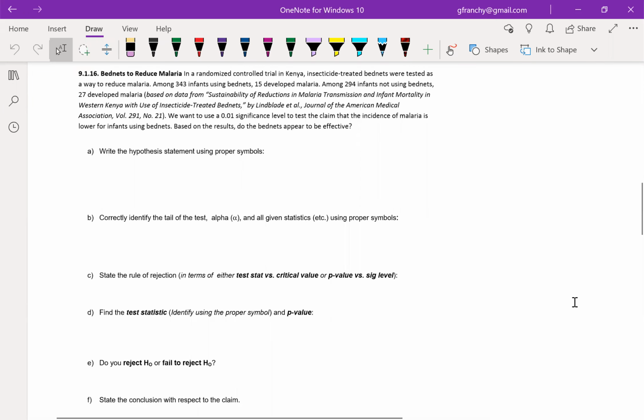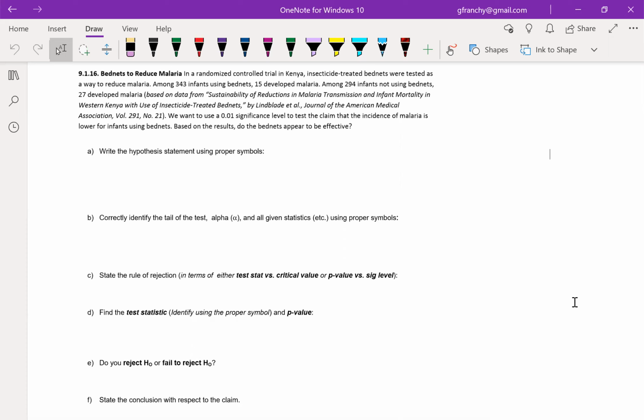Okay, we're taking a look at question 16 out of 9-1. In a randomized controlled trial in Kenya, insecticide-treated bed nets were tested as a way to reduce malaria. Among 343 infants using bed nets, 15 developed malaria.